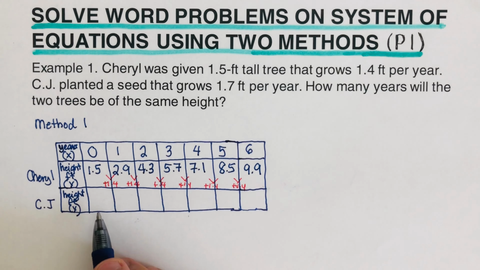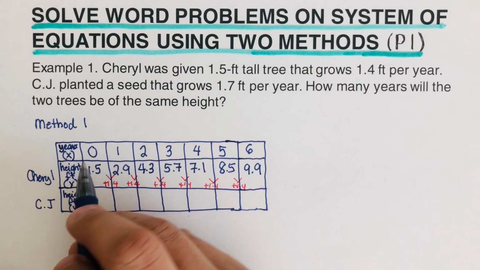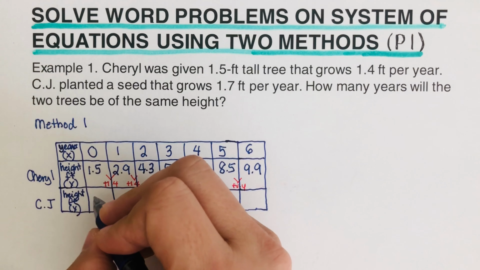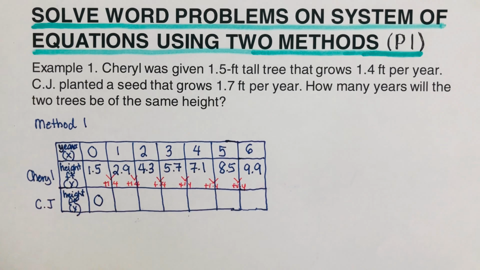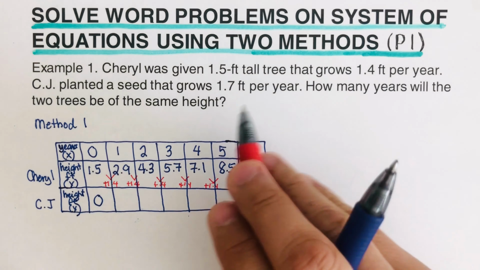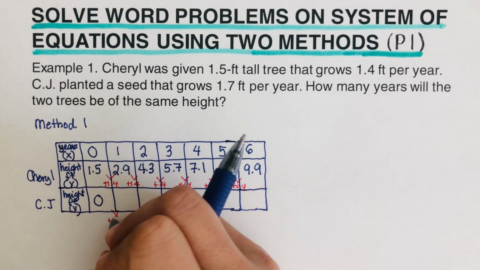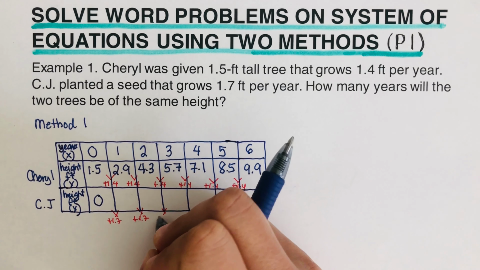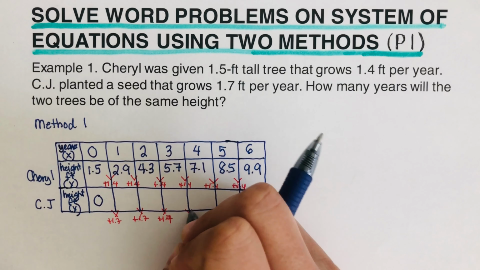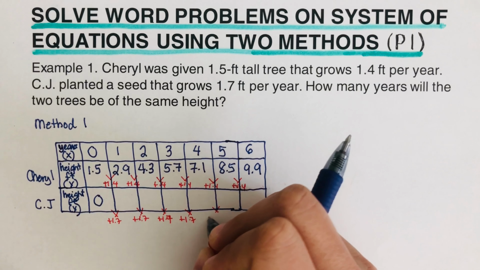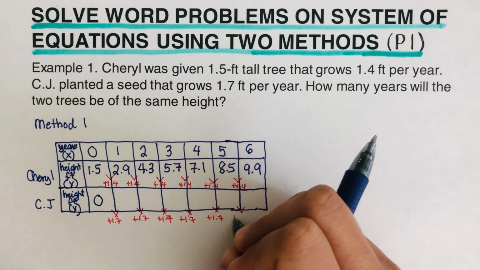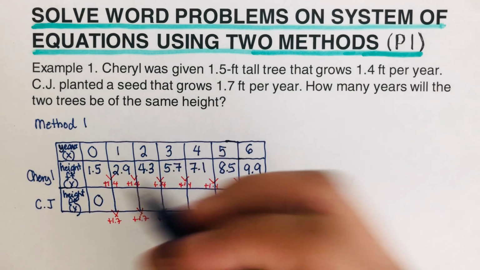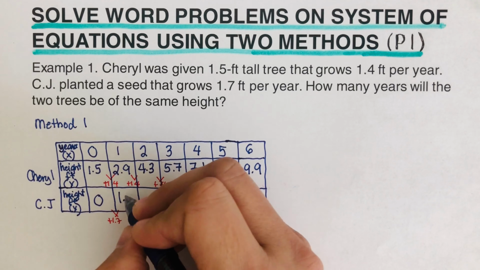For CJ's tree, it says that it started as a seed, so that means it doesn't have any height yet. Our height at 0 year is 0 because it's a seed. After that, it is growing by 1.7, so I'm going to write plus 1.7 to each of them. So 0 plus 1.7 would be 1.7.